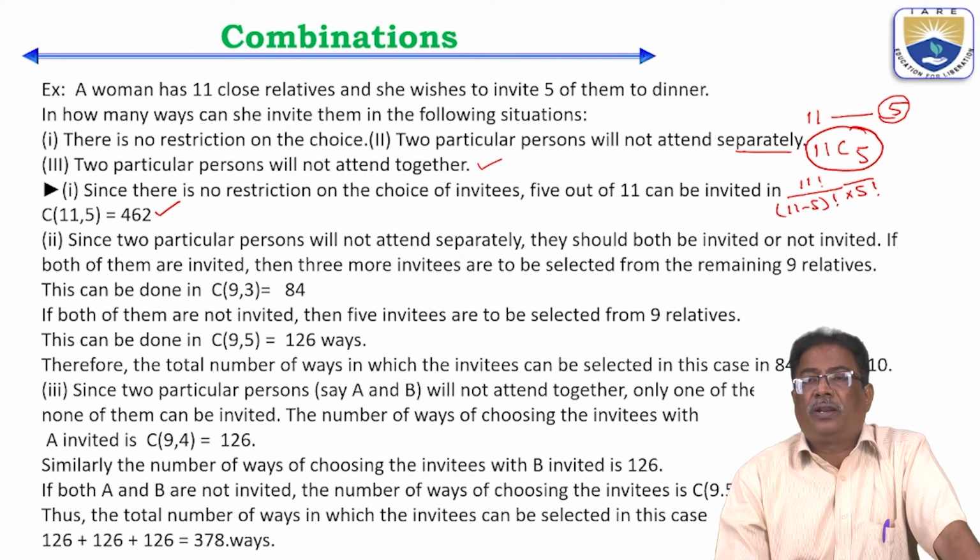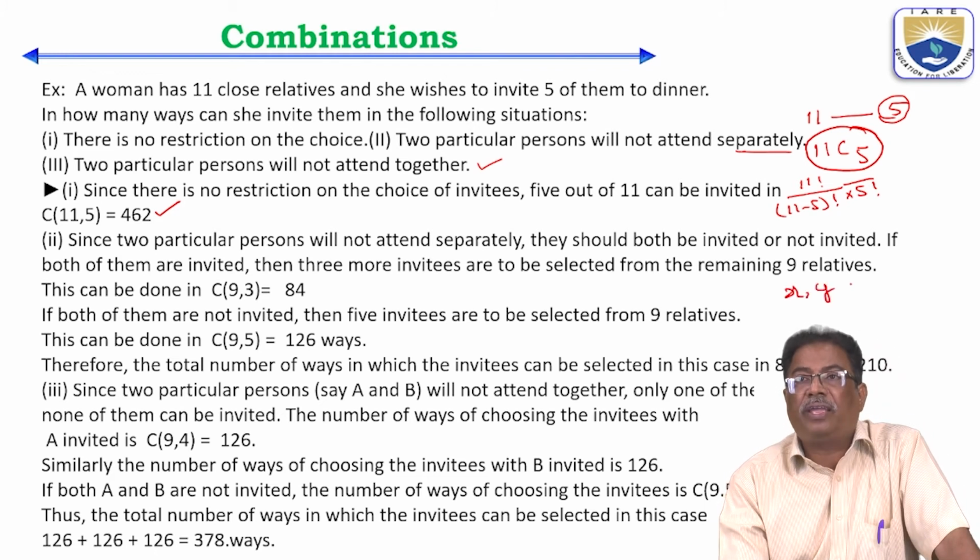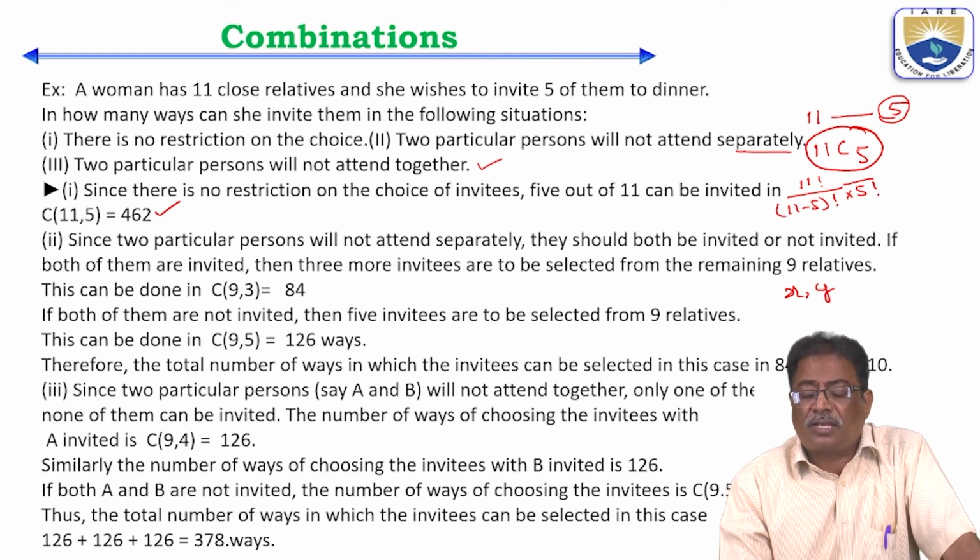Now the second one, if you consider, 2 particular persons will not attend separately. Let us consider X and Y. The 2 particular candidates are X and Y. They will not attend separately. They will come together or they will not come together.